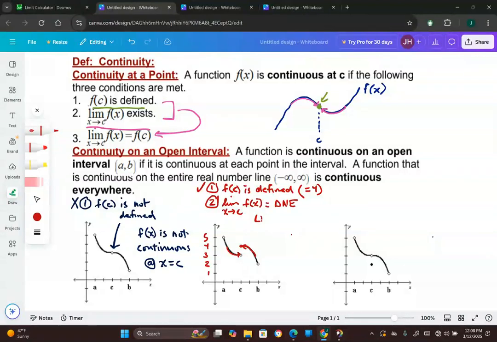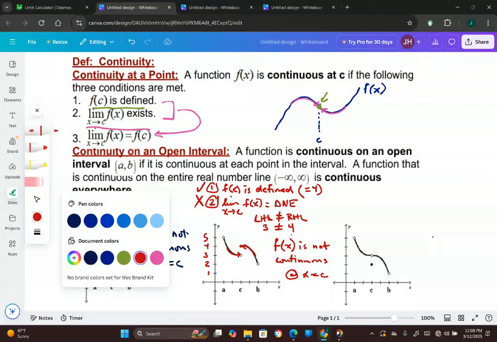The left-hand limit, which is 3, does not equal the right-hand limit, which is 4. So guess what? This second part fails. f of x is not continuous at x equals c. And again, I don't need to check the third condition because number 2 failed.